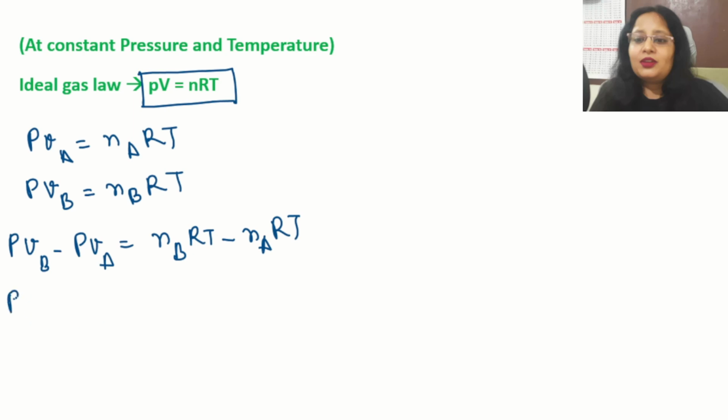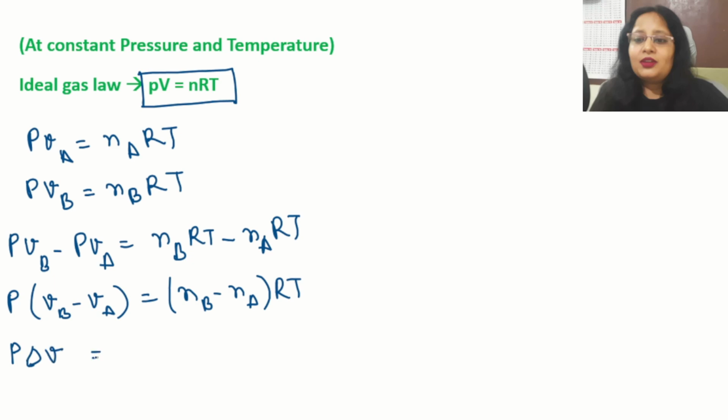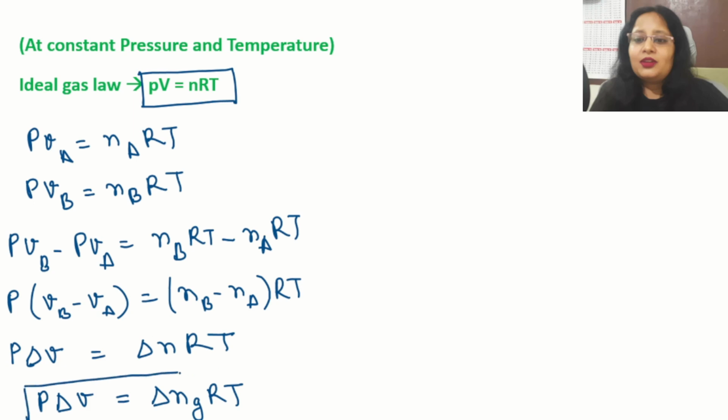Rearranging this, we can get P times (VB minus VA) equals (nB minus nA) times RT. So we can write P delta V is equal to delta n RT, or in a more precise way, P delta V is equal to delta nG RT. The G is just to mention that this is only for gases, nothing else. So G means for gases only.